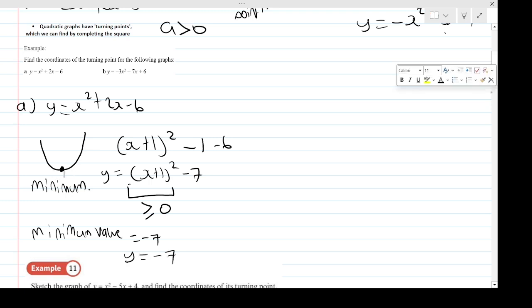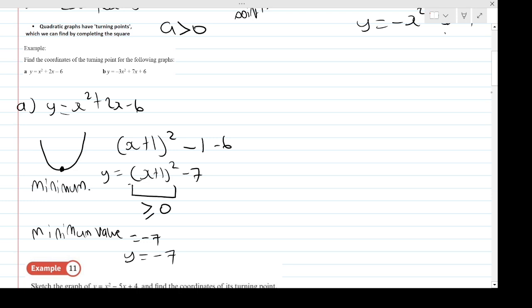Then to find the x coordinate, you may think perhaps we could sub in minus 7 for y and then solve it. But actually, it's far, far easier to observe that when it's minus 7, the minimum value, this bracket has to be 0. Because remember, the square has to be 0 or higher. So the smallest possibility of that bracket is when it's 0.